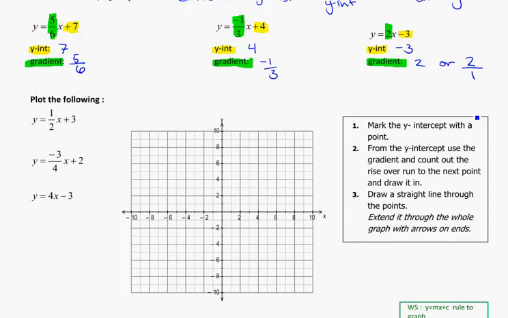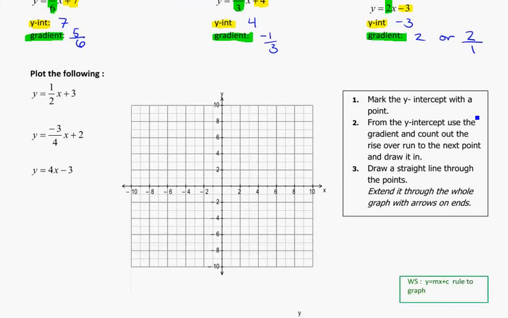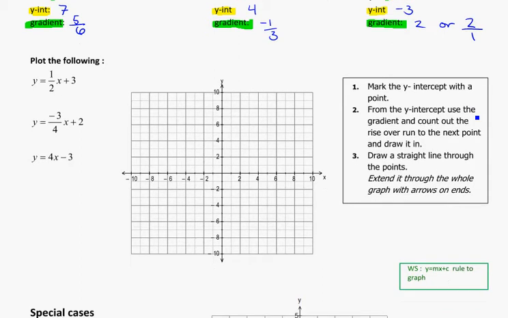Okay. So the pattern that we have to go through to actually plot these things is, the first thing we're going to do is mark out the y-intercept with a point. So if I look at this first equation, my y-intercept is +3. So that means at y equals 3, the line is going to go through the y-axis.